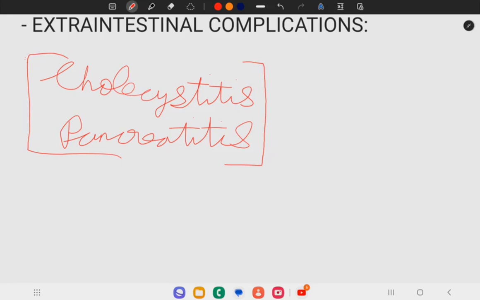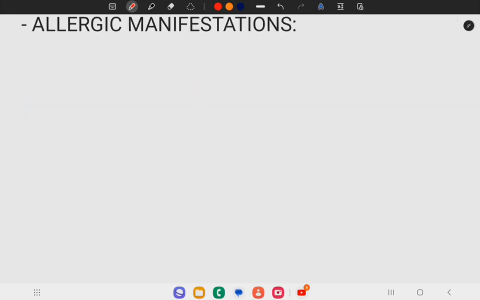These are the extraintestinal complications due to immune mediated hypersensitivity reaction against adult worms.